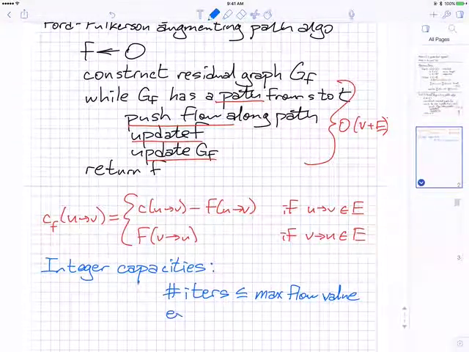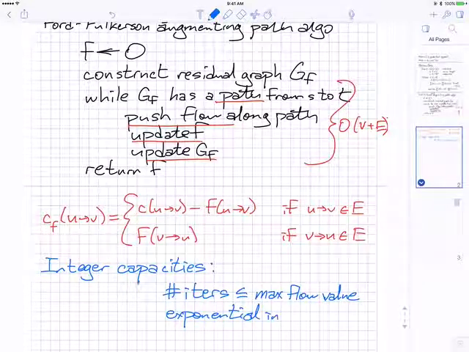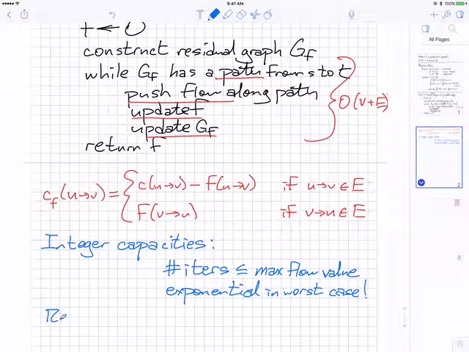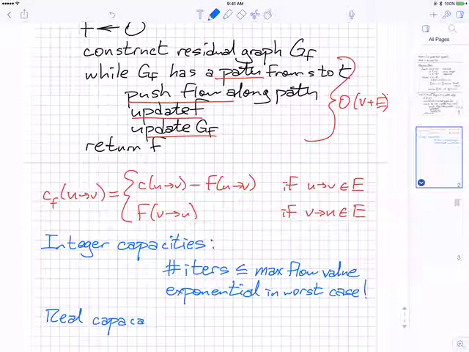So this is exponential in the worst case. Again, exponential in the number of bits I need to write down the input. If I assume real capacities, then it's horrible.